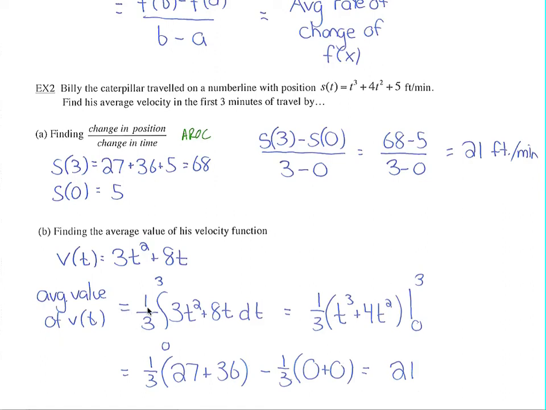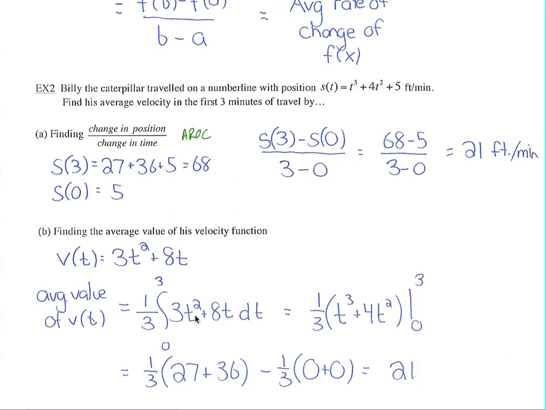And then we plug it into the formula we learned on the front side. So we're going to do 1 over b minus a, 3 minus 0. So it's 1/3 of the integral from 0 to 3 of the velocity function, which is 3t squared plus 8t.